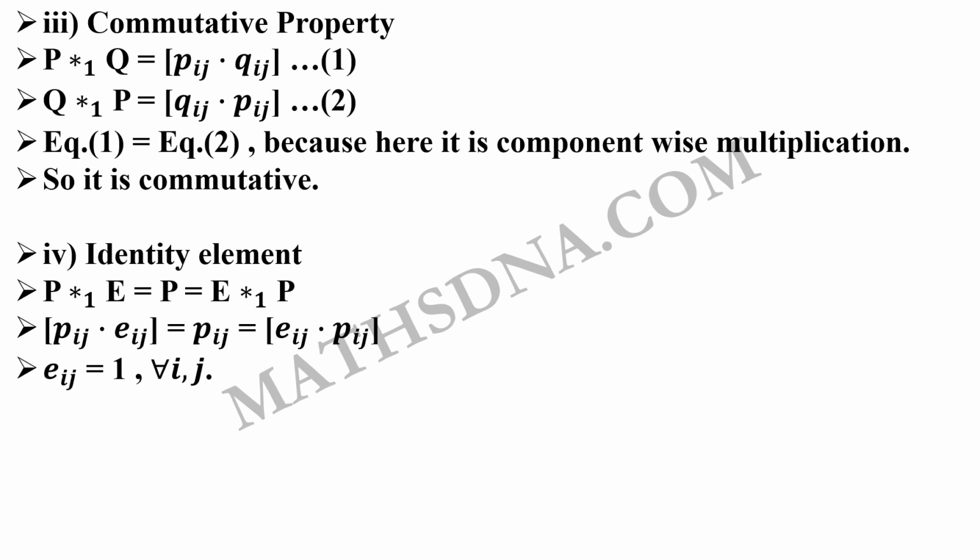Cancelling out Pij gives us Eij is equal to 1 for all i and j. It means that our matrix E will be 1 1 1 1. It is a 2 cross 2 matrix and the entries 1 are integers, so it will be in the set. It is possible in some examples that you might get an identity element, but it is not inside the given set, and we will see that ahead with the other examples.